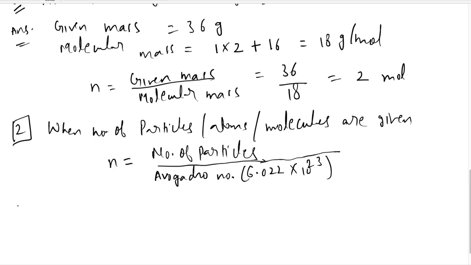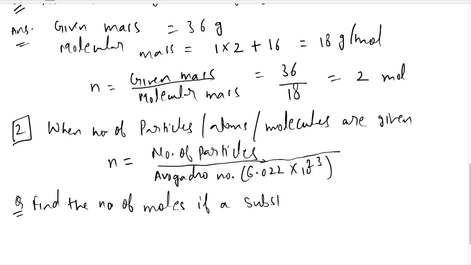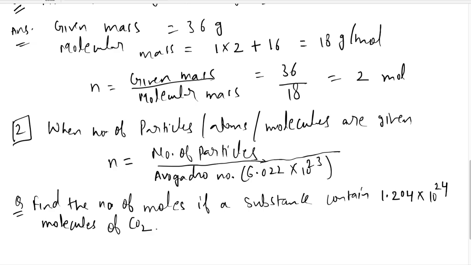For example, find the number of moles if a substance contains 1.204 into 10 raised to the power 24 molecules of carbon dioxide.